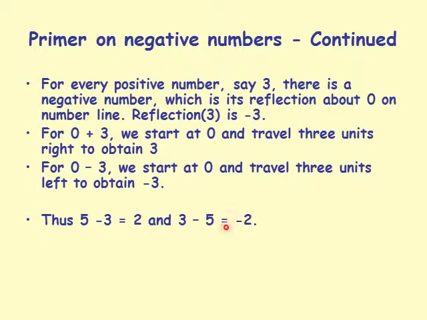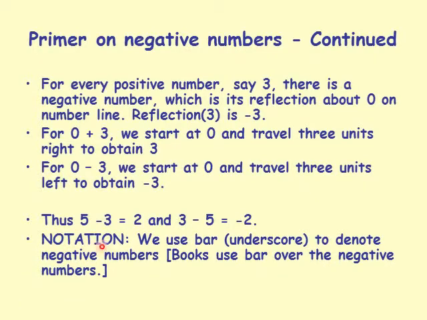If we want to say -2, I can't write 2, 3, 4, -2, because that changes the meaning of the number. So we use a notation. We use a bar, an underscore, to denote negative numbers. In Vedic math books, the bar is used over the negative numbers, and my word processing program makes it very hard to use a bar over the numbers, so I use an underscore.